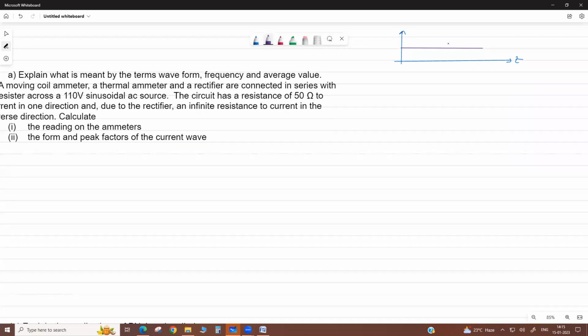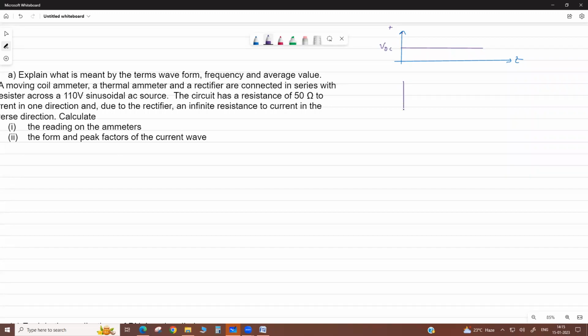So it is a VDC. Your direction is always positive and the value is constant. So the polarity and magnitude are constant with respect to time.